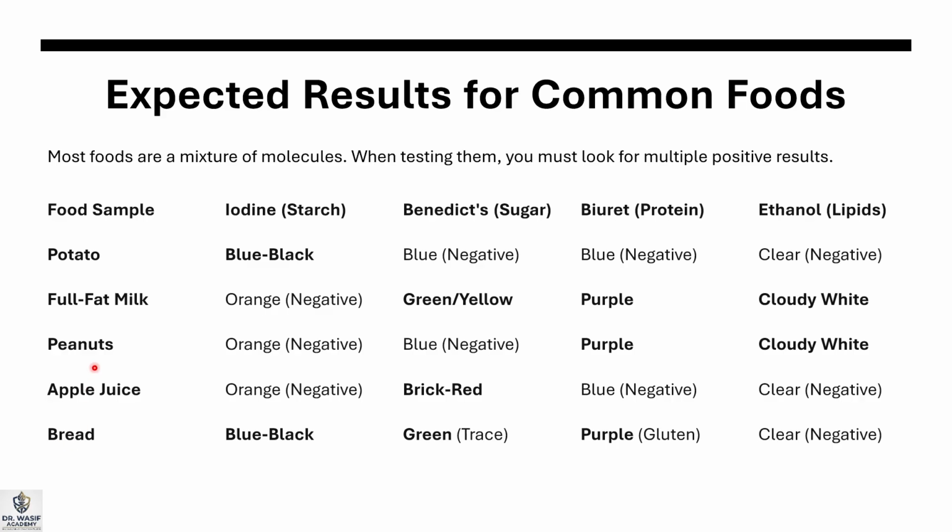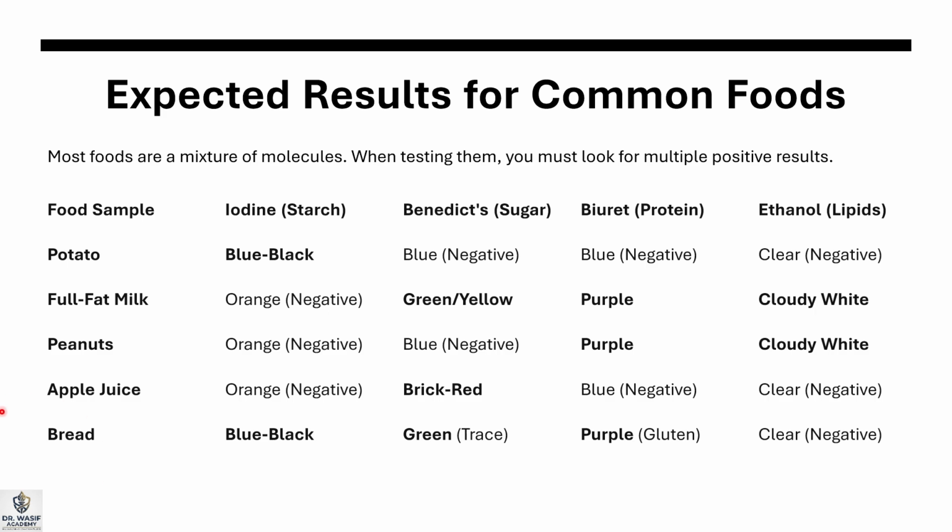Then we have peanuts. Notice the purple and cloudy white results. This tells us peanuts are built for two things: structural proteins, because purple is for protein, and high density fat storage.